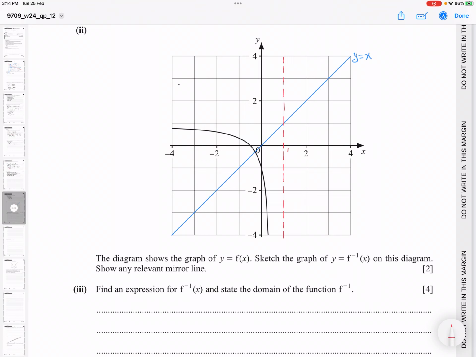And half. Write 1 by 2 here and make an asymptote here.